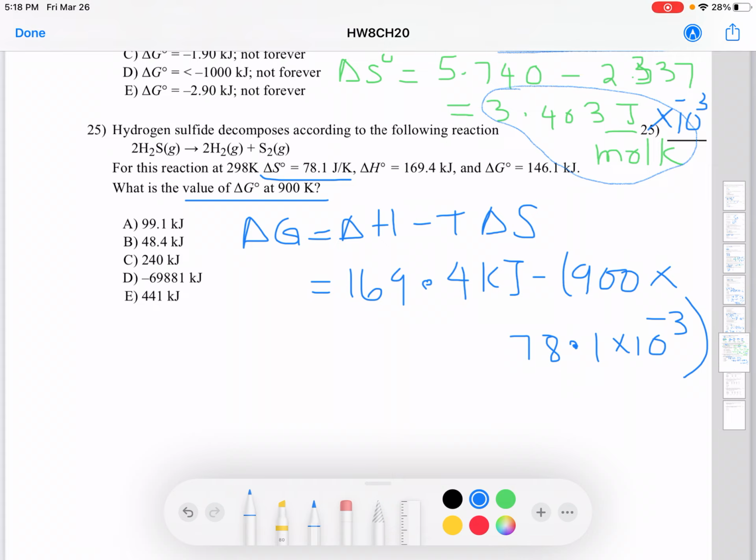So this will give you delta G naught at 900 Kelvin.